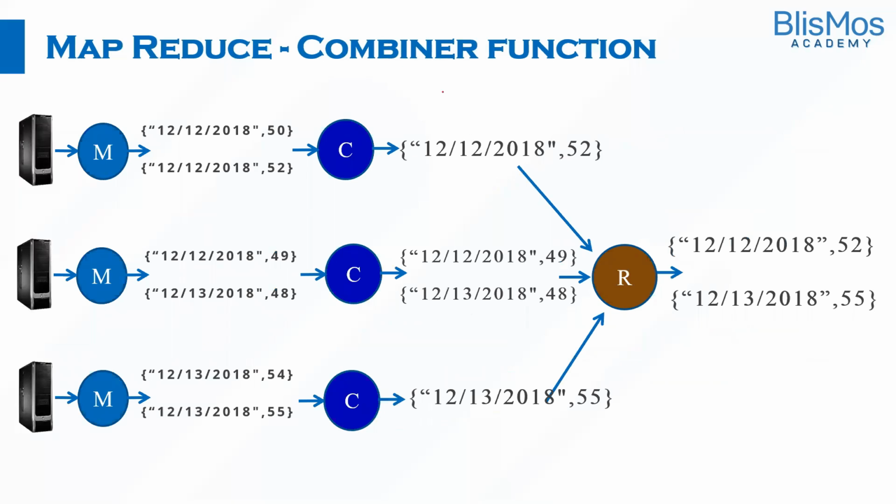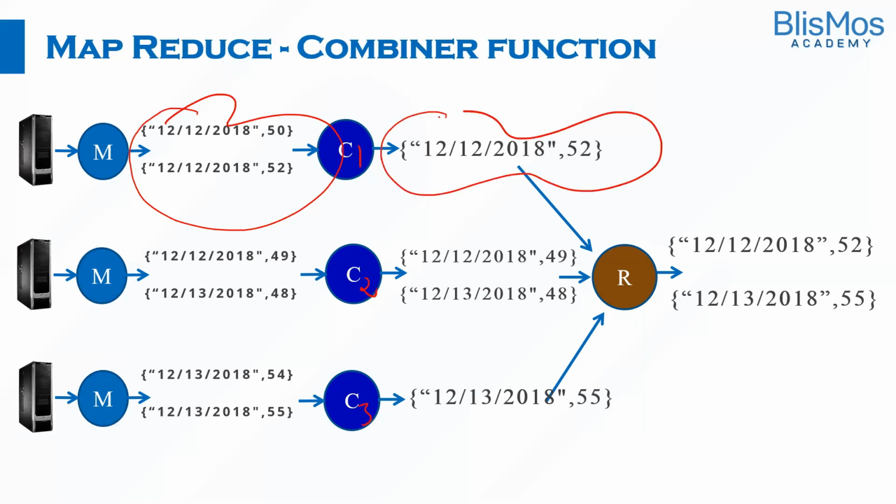Now, without having the combiner, ideally reducer would have got 6 results to reduce. But now, because we introduce the combiner, here in this case 3 combiners, what it is doing is taking the output of a mapper and reducing it based on the key.